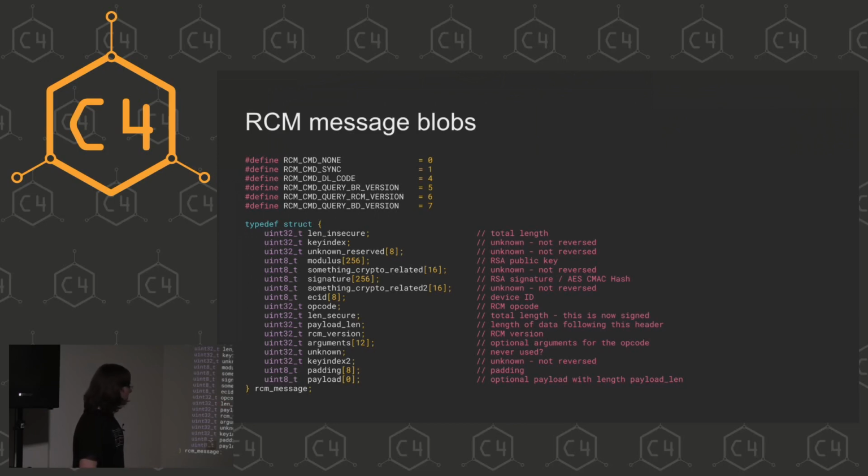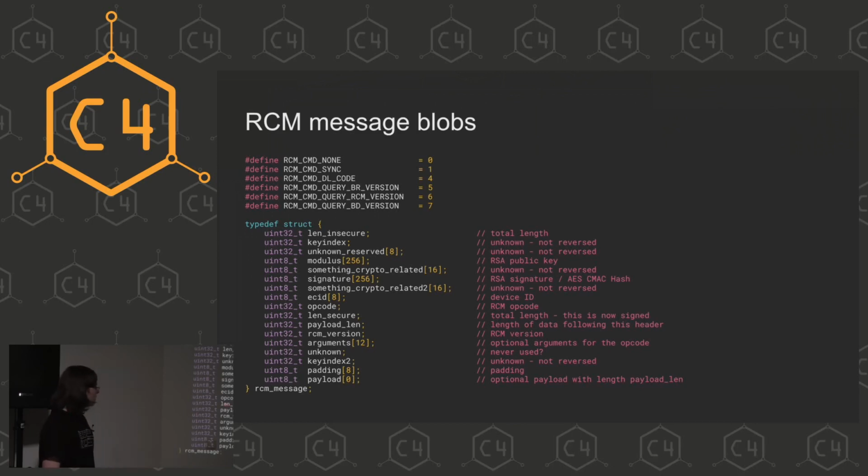Then there's the length again, but this time this is signed. So everything up to here is not signed, because you, of course, cannot sign the signature. Because you would have to modify the signature after signing it, so that doesn't make sense.